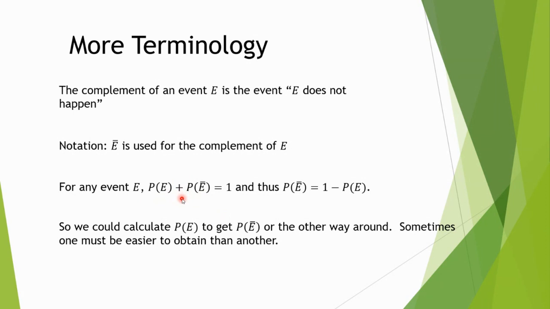Sometimes one of them is a lot easier to calculate than the other one. The example we just saw with the die, that one wasn't so terrible. But not every example is as nice as the die one.